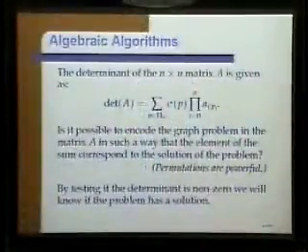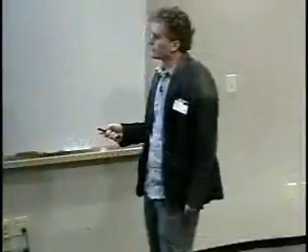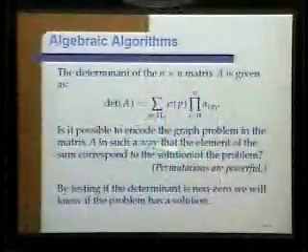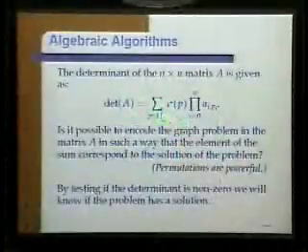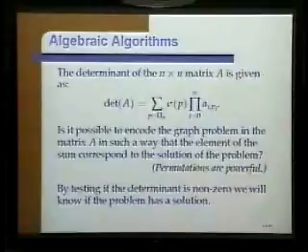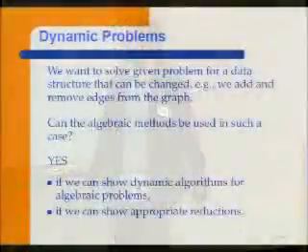The idea is that we can take some graph problem and encode it into the matrix in such a way that each permutation in the sum corresponds to a solution of the problem. Then, in order to test if this graph problem has a solution, we just take this matrix, compute the determinant, and check if it's non-zero. Okay?